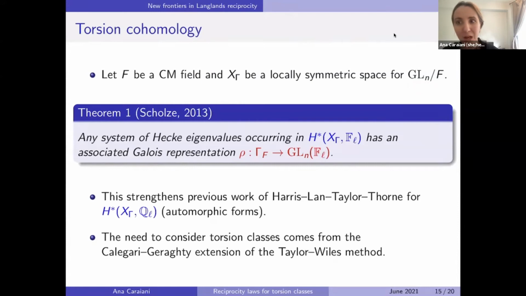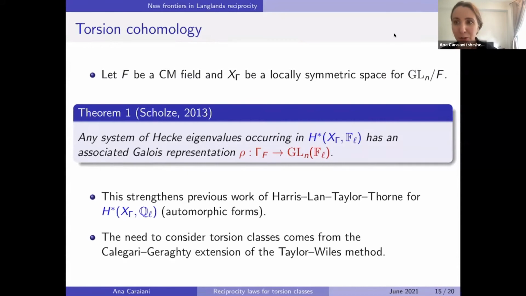There was a theorem proved by Scholze in 2013 that looks at the singular cohomology of these locally symmetric spaces, even with torsion coefficients, and shows that there is a way to attach Galois representations to systems of Hecke eigenvalues that occur in there. And this strengthens work of Harris, Lan, Taylor, and Thorne that was completed in 2012, that does the same thing for cohomology with characteristic 0 coefficients.